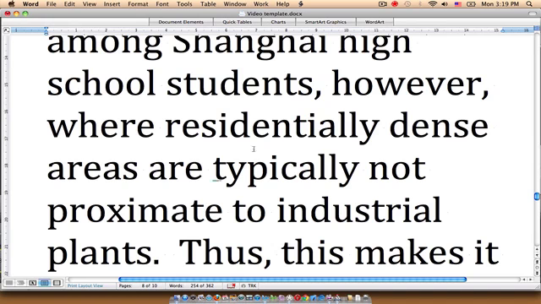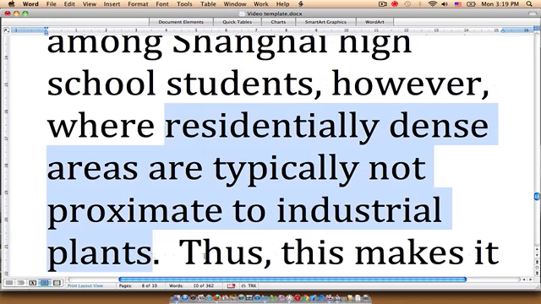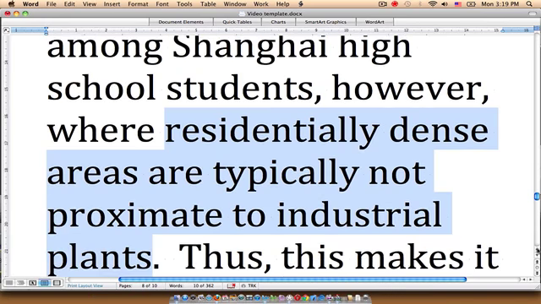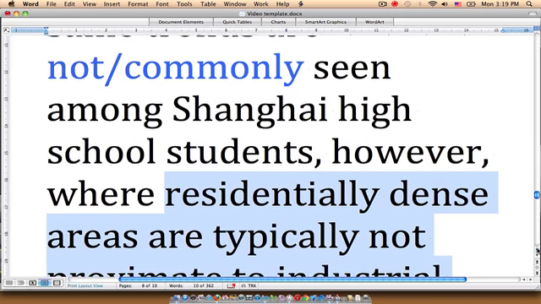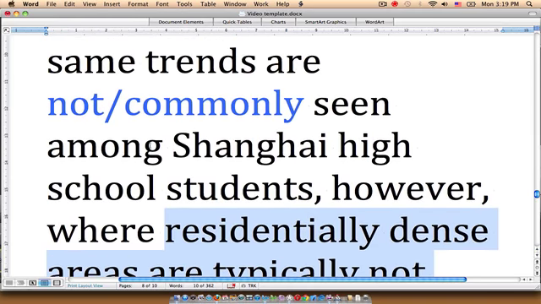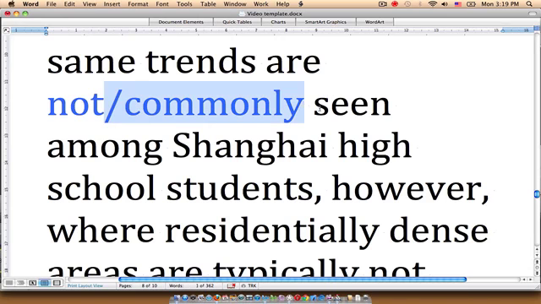Now, the key to getting this question correct is to look in here, where we're sharing a bit more information. So, residentially dense areas are typically not proximate to industrial plants. This is the opposite of our Anhui example. So because this is the opposite, then we would of course say not seen among Shanghai high school students to make our argument stronger. Commonly seen would just mean that this is something that is normally seen in Shanghai.